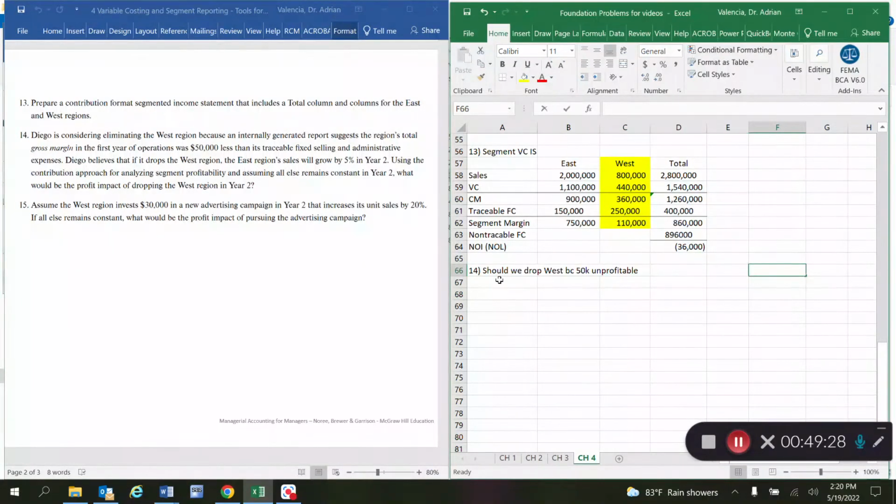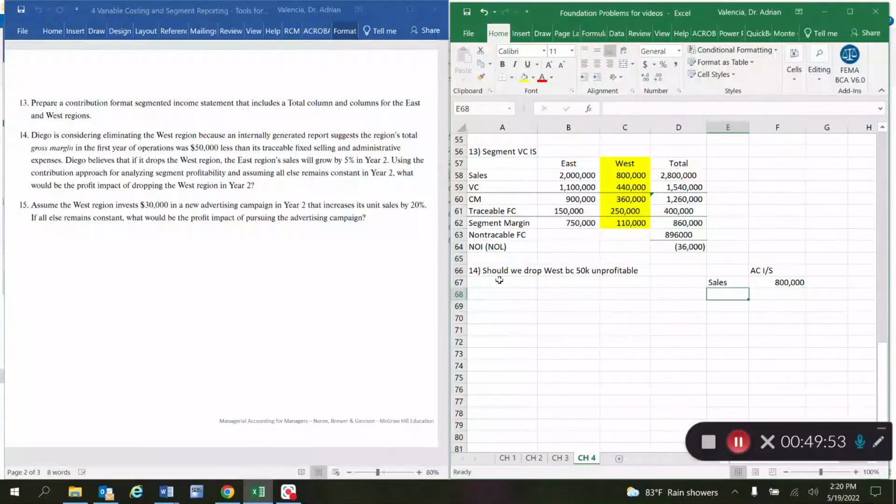If we do an absorption costing income statement for just the West, we have sales, and their sales are $80 times 10,000 units, so that's $800,000.